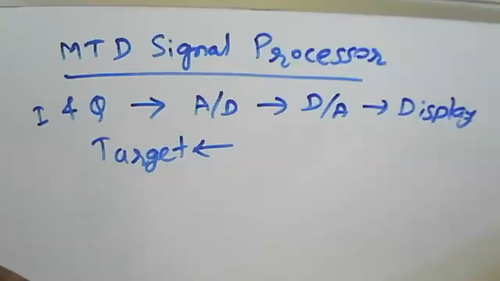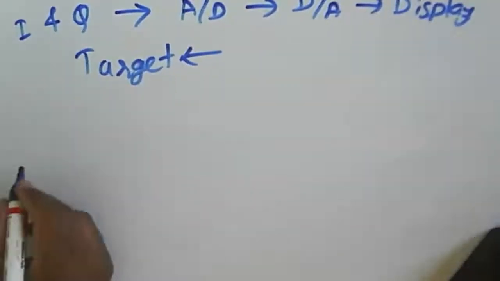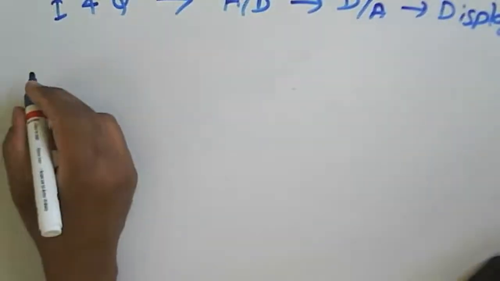Okay, so now we consider here the input from I and Q that is to be given to a three-phase detector.